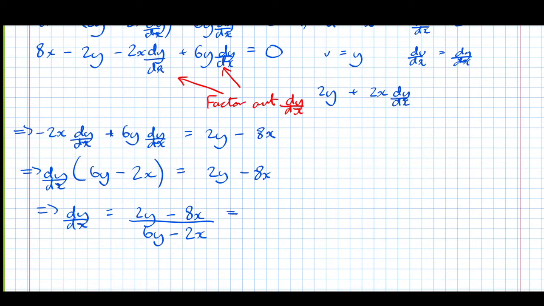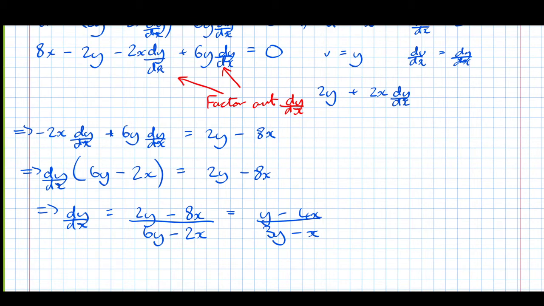Got a factor of 2 in common on both top and bottom, so we times by 1/2 over 1/2. We get y minus 4x over 3y take away 1x. And there's the differential, there's dy by dx.